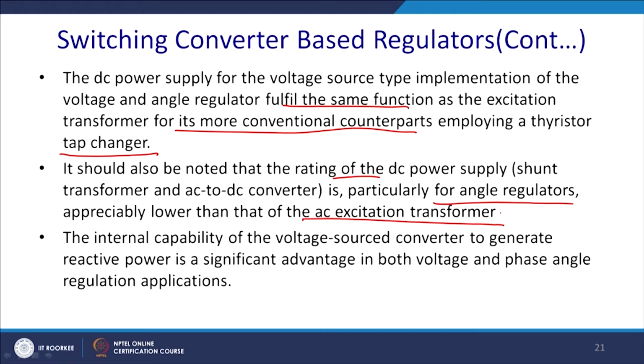The internal capability of the voltage source converter to generate reactive power is a significant advantage for both voltage and phase angle applications.